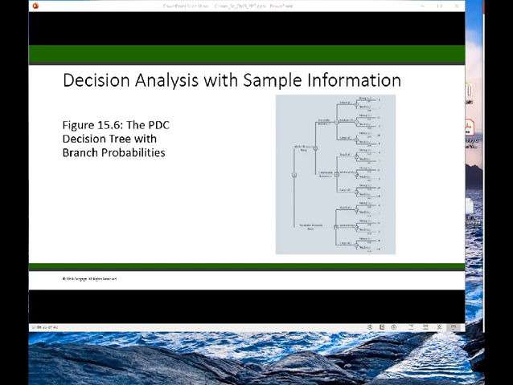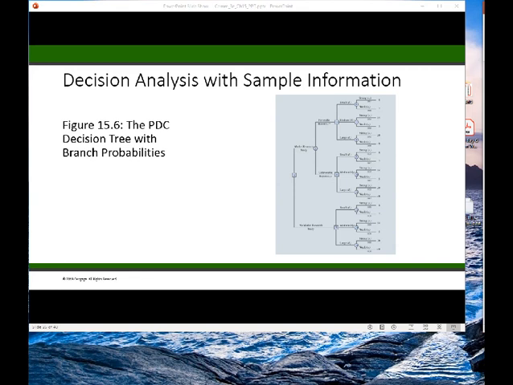So this is a graphic of what we see in our Excel spreadsheet. The bottom branch is what we did in the first lecture. The top branch is the new information, market research study. There's a chance node for the type of report, favorable or unfavorable.